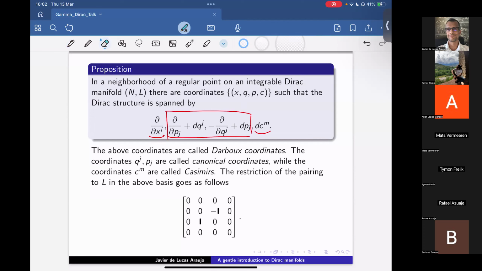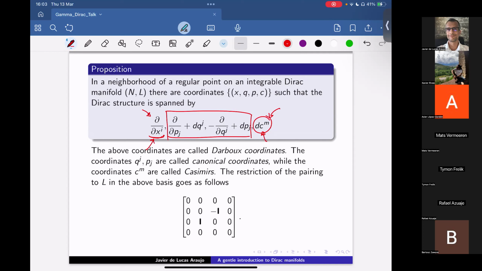These look like gauge vector fields, because they are vector fields not related with a Hamiltonian function, like in presymplectic geometry. And these look like functions related to a zero vector field, like Casimir functions. That's why these are called Casimir functions.